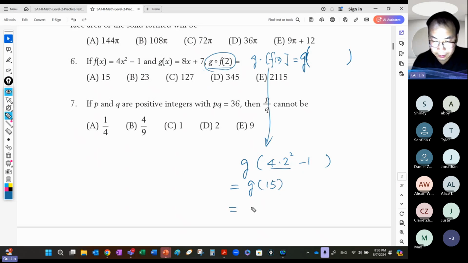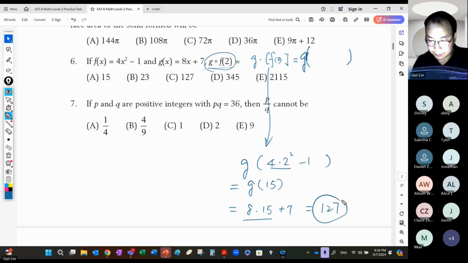Then g of that will be 8 times 15 plus 7, 127. 127. Okay. One step at a time. So this will be easy, you just need the concept of this part. Make sure you rewrite it this way, for easy understanding and easy calculation, right?